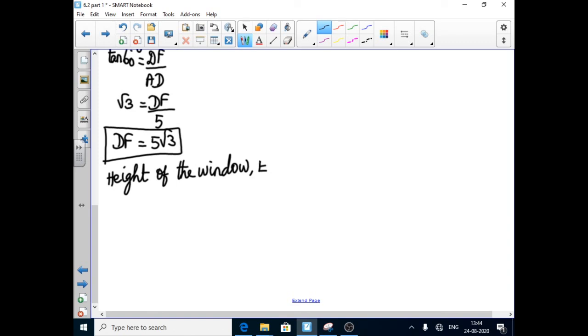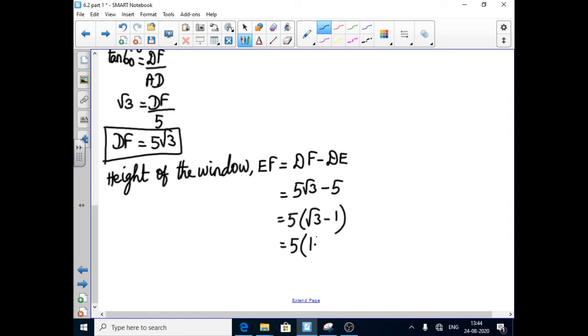EF is equal to DF minus DE. From the total height, if you subtract the height DE, you will get the height of the window. DF value we know is 5 root 3, minus DE which is 5. So take 5 outside: 5 into root 3 minus 1. Root 3 value we know is 1.732 minus 1.